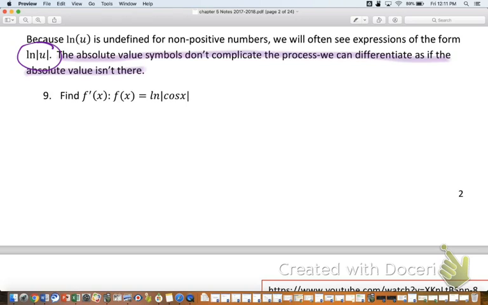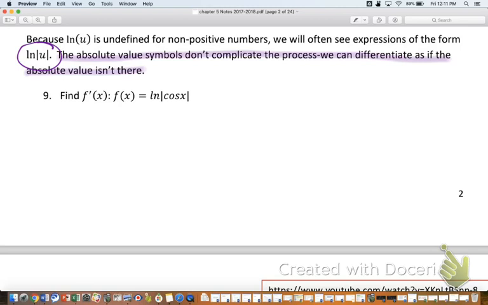Okay, so check this out. f of x is equal to ln of absolute value of cosine of x. So let's go ahead and do this as if the absolute values weren't there, and then I'll prove to you that this actually works. Fair enough? Okay, so what is the derivative of natural log of something? 1 over that something.